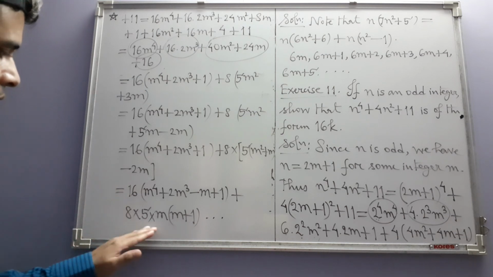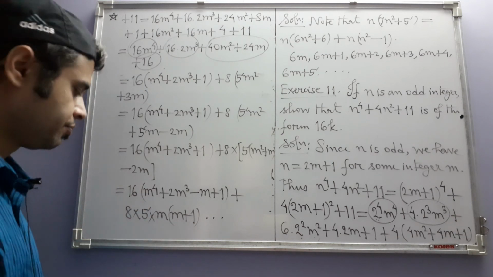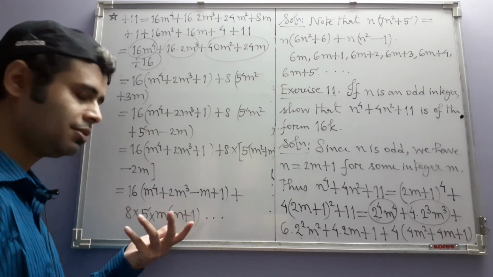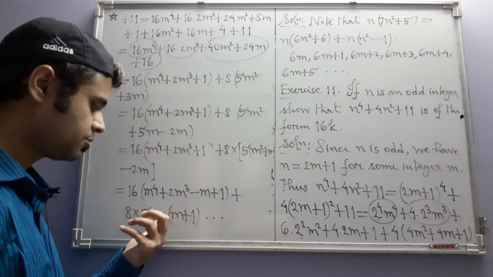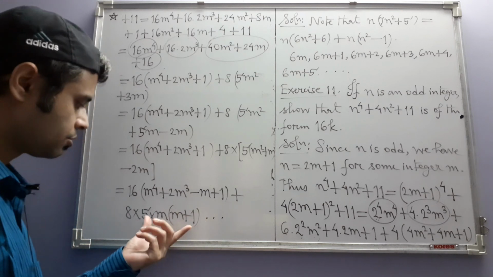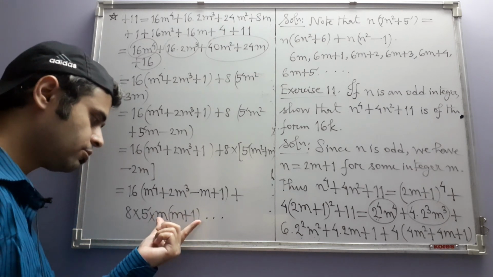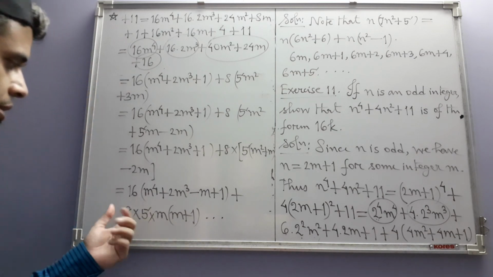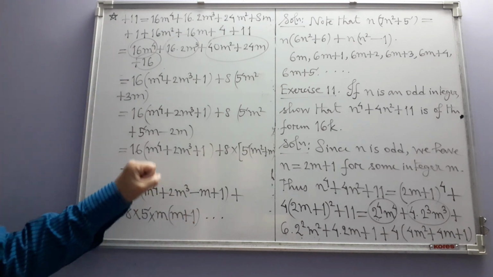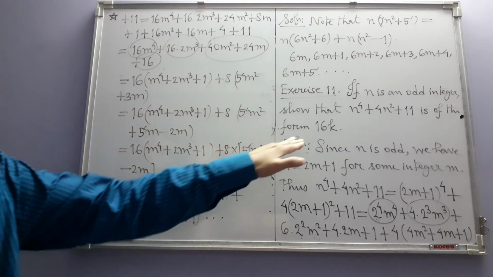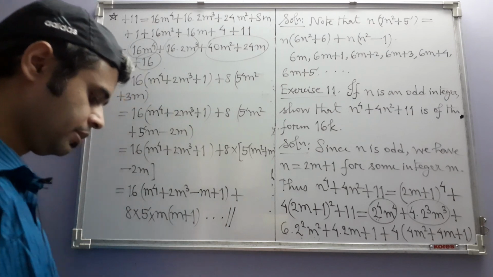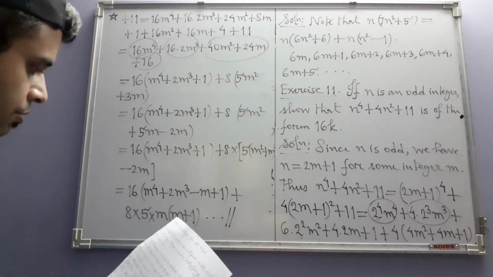You just have to write that m times m plus 1 is always even, because when m is even, then it's even. When m is odd, m plus 1 is even. So this is always even, so it's going to give us a 2, and that along with 8 will give us 16. So ultimately the whole thing is a multiple of 16. So it's of the form 16k. So this set of exercises is over.